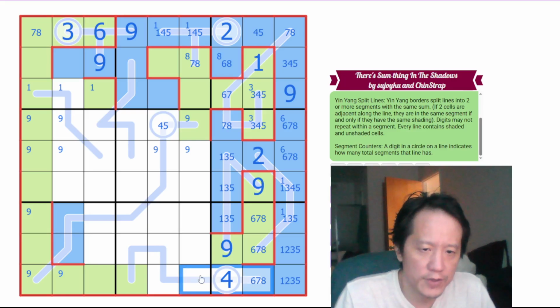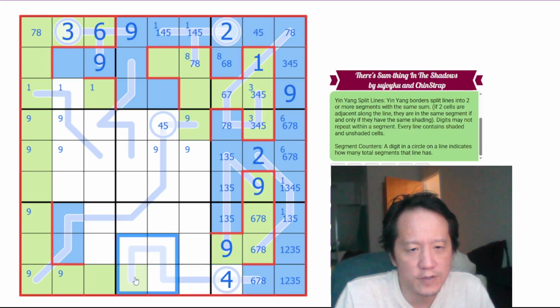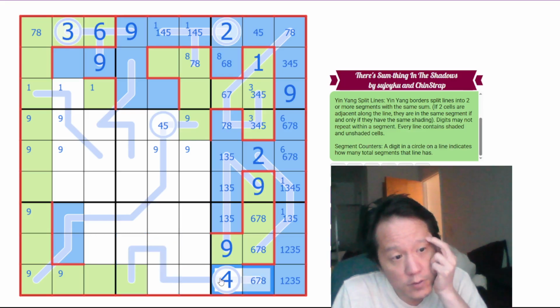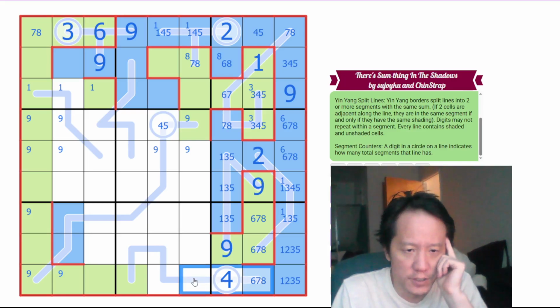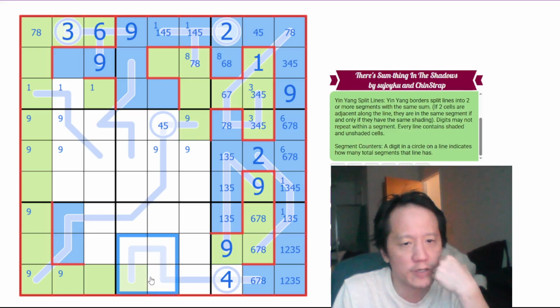Okay, so one thing we know is this can't be all blue here, right? If this were all blue, this would be 3 digits adding up, and you would have to have a 2. Actually, can we even have 2 here? If we have 3 digits here, we have to have 3 other segments within 4 digits here, and therefore there would have to be a repeat here.